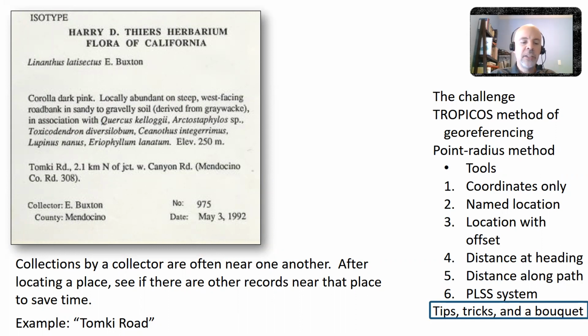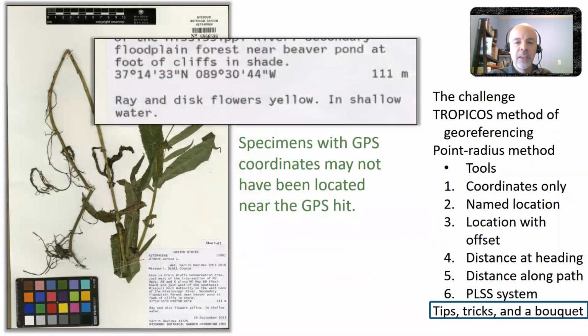So in our one example, we're looking at Tomkey Road. What I would do in the spreadsheet is search for Tomkey, because that's kind of an unusual name, and I would see if there are other collections close to Tomkey Road, and then just kind of go from there. So it can really speed up the process versus trying to find every single place again and again de novo. Like I just said, a lot of herbarium specimen collections, at least, are not necessarily done at the point of a GPS pin.